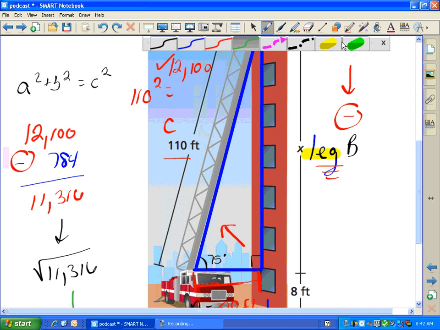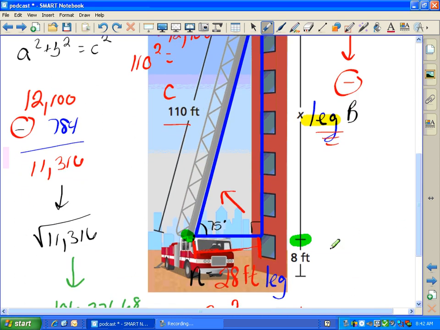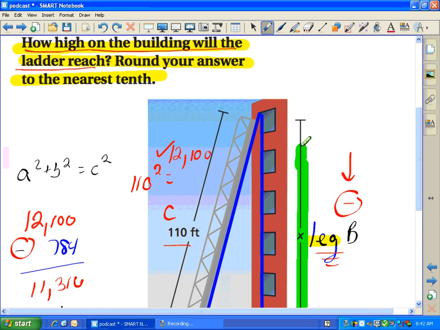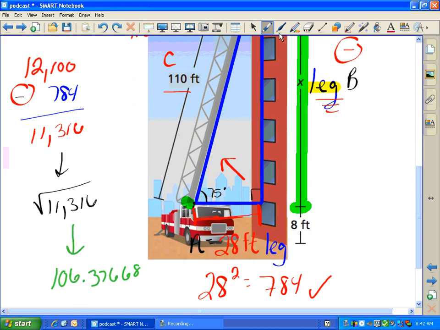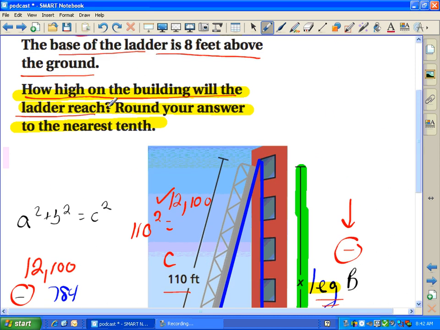Now, I know that the distance, visual people, from the base of my ladder going up the building is this right here. X is going to equal 106.37668. Now, they told me I could round my answer to the nearest tenth.